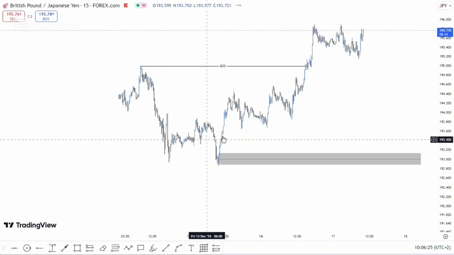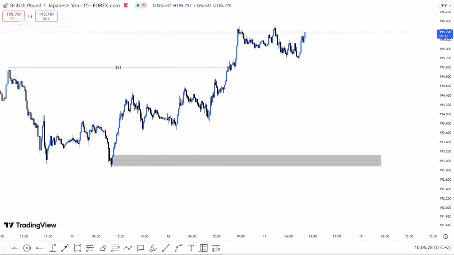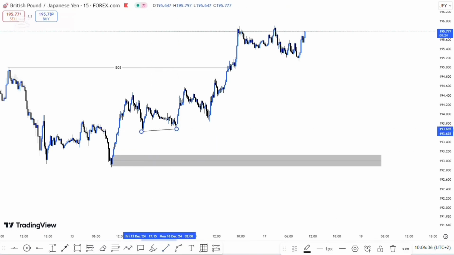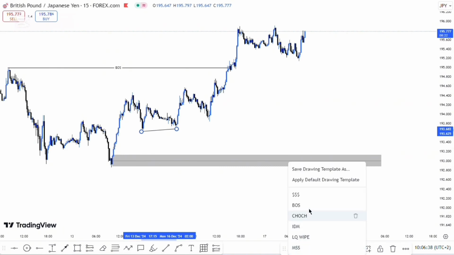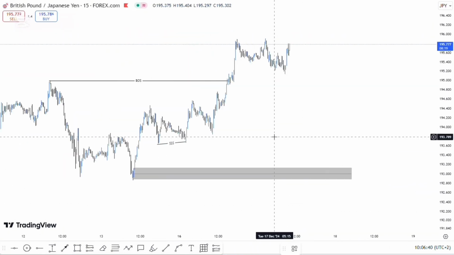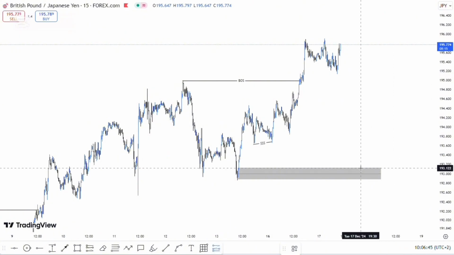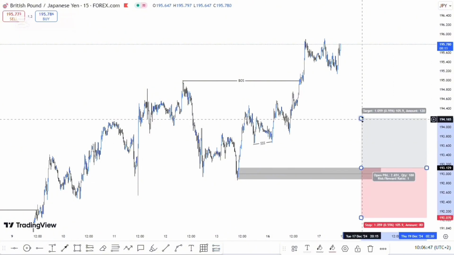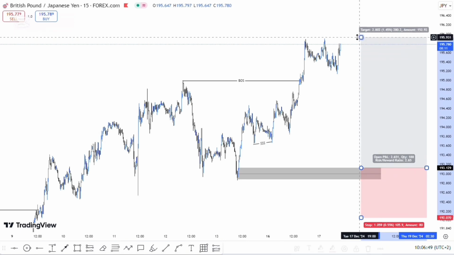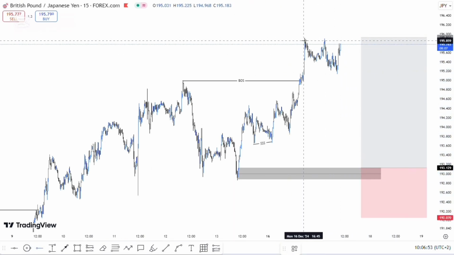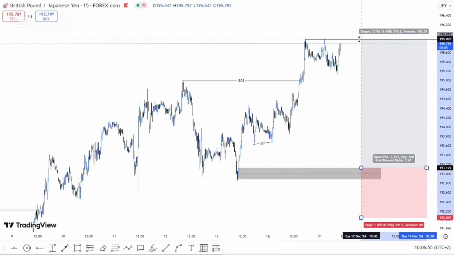From the 15 time frame, as you can see, this is our order block, and we also have a liquidity sweep. And looking at this is where I'll be looking to take my buys to the last reversal point right here.